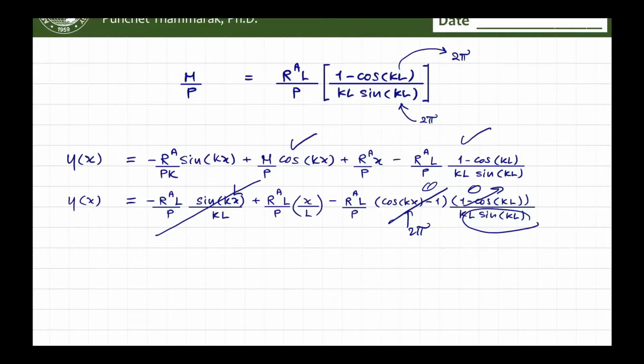So the remaining thing will be, substitute x by L, you get L, right? You substitute the x value by L because you have the boundary condition at the right end where the x value is equal to L, and y of L has to be 0. You start from this term gone, this term gone, this 0, and this is 0.